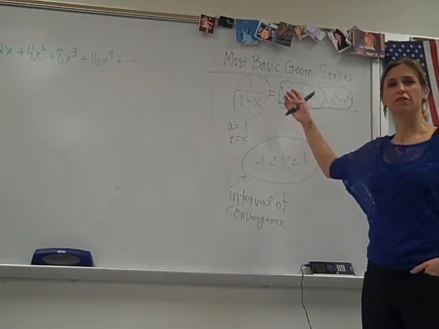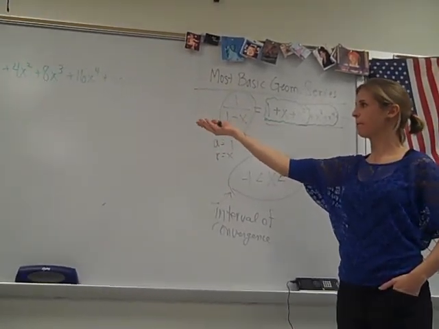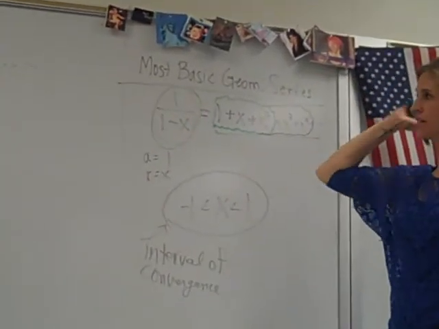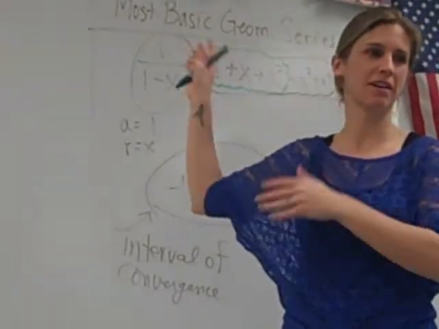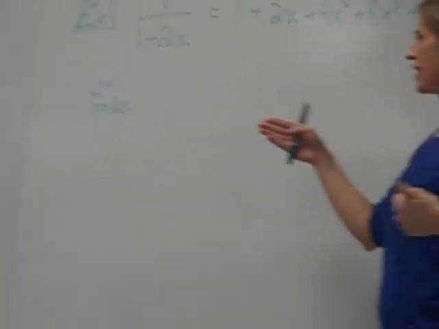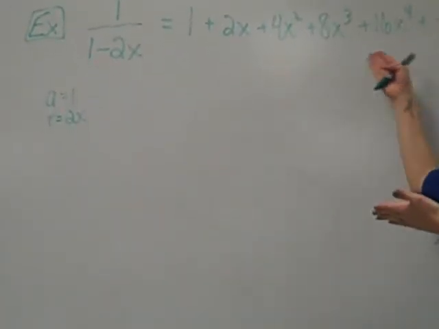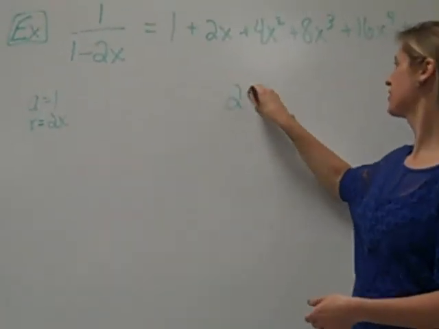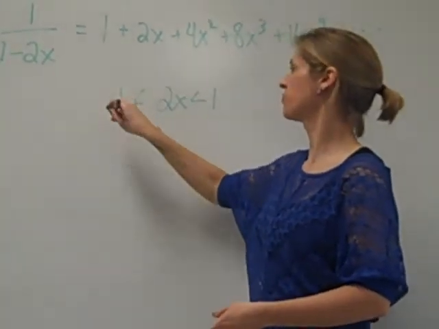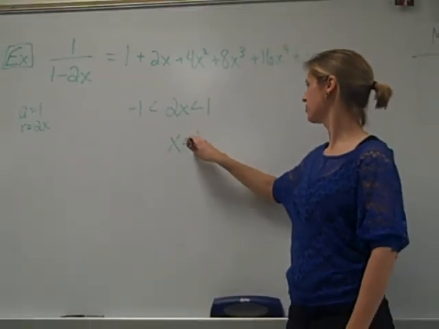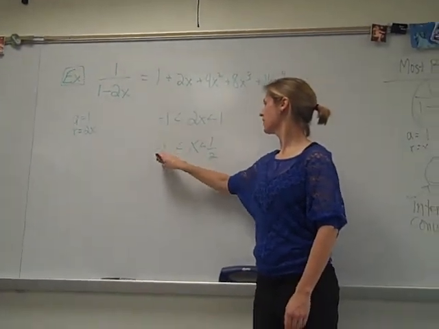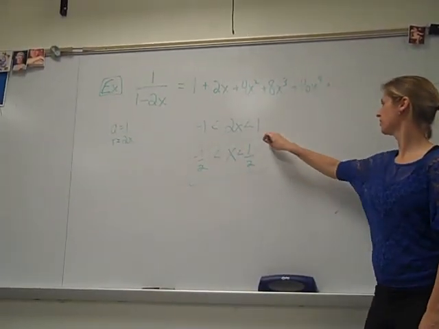The first couple we looked at, r was a number, so I knew exactly what it added up to, or else r was too big and it diverges. But now that r is a variable, I'm going to write the series and say 2x has to be between 1 and negative 1 for this to converge. So x itself has to be between 1/2 and negative 1/2. This is your interval of convergence.